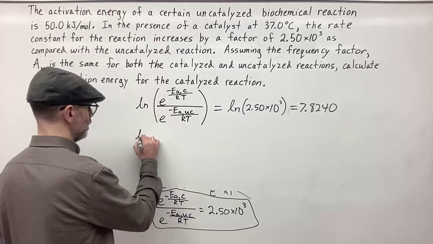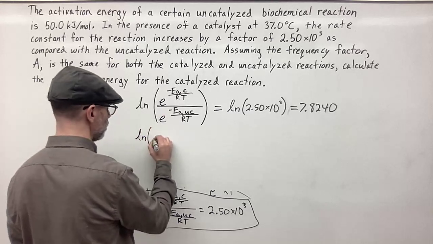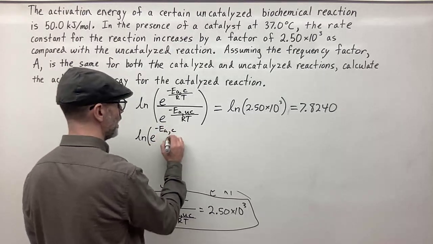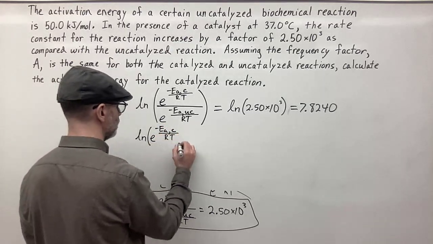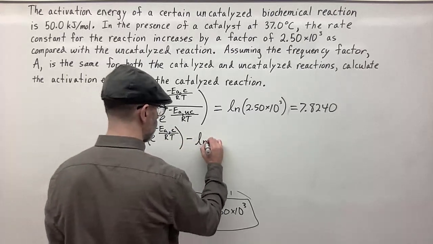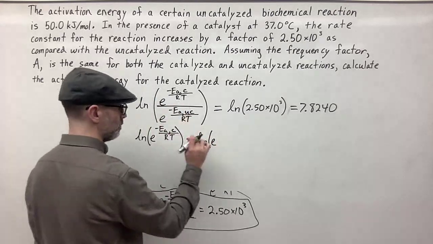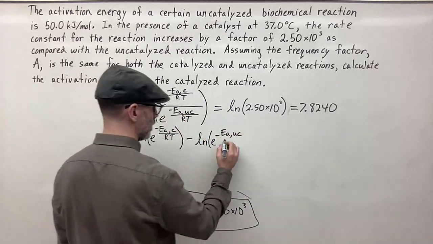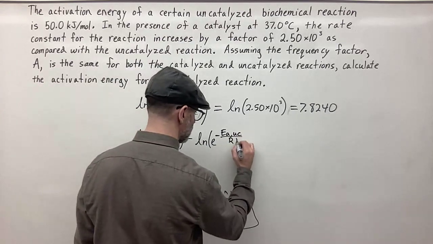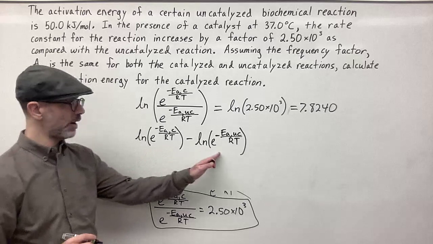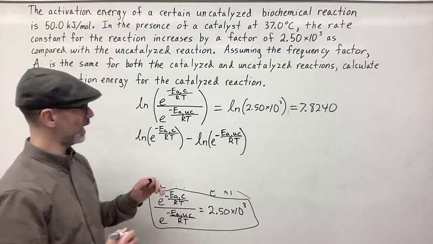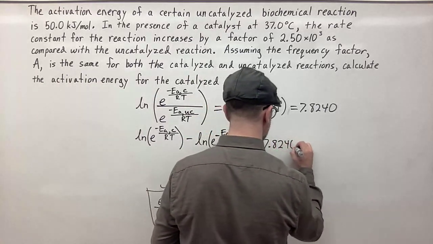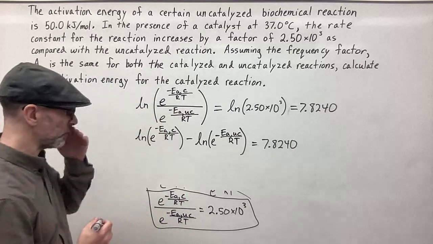So that becomes the natural log of E raised to the power of the activation energy of the catalyzed reaction over RT, minus the natural log of E raised to the power here, so negative EA of the uncatalyzed reaction over RT. Okay, so now I have it in that form, and then that's going to be equal to 7.8240. Okay, so far so good.